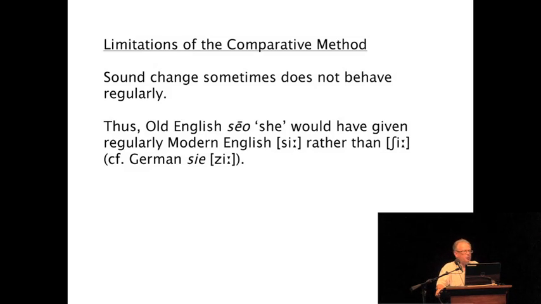So the Old English word seo, which we generally accept to be the ancestor of modern English she, should really have given modern English see. So if the sound changes had operated regularly, instead of saying she sells seashells by the seashore, we would have been saying see sells seashells by the seashore. I knew I shouldn't put that example in.